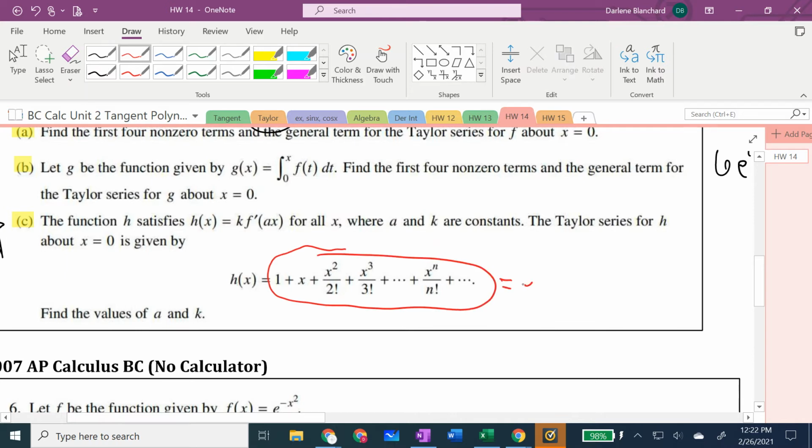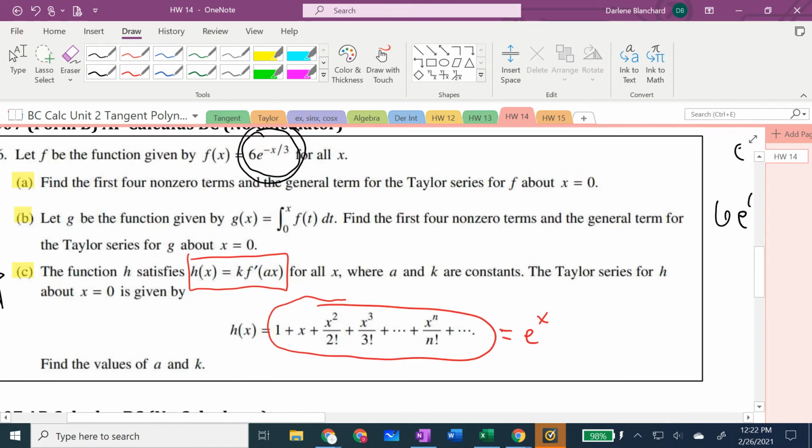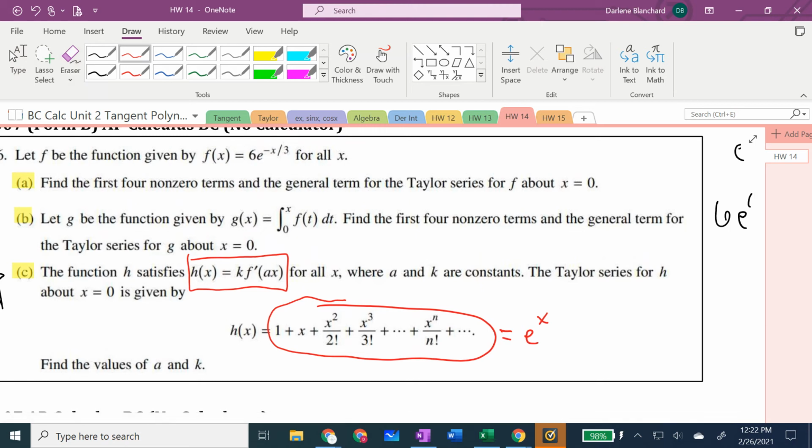So h of x is equal to e to the x, and you are allowed to say that in free response because you're expected to know these functions. And then look back at this and see what else they told you and go, hey, well, they gave me the function f of x.